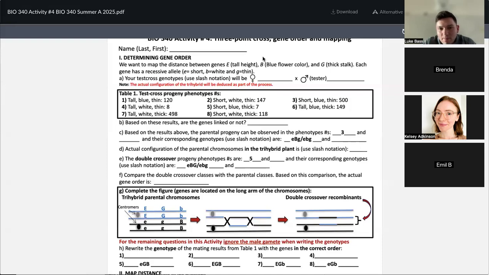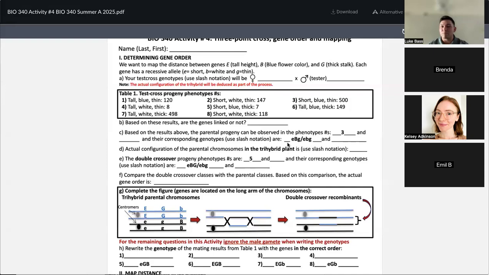Going up to C real quick, when you're looking at the parental progeny, it's not really looking at the phenotype itself, like whether that lines up to one parent or not. It's more about how frequent the phenotypes in the progeny are. Okay.